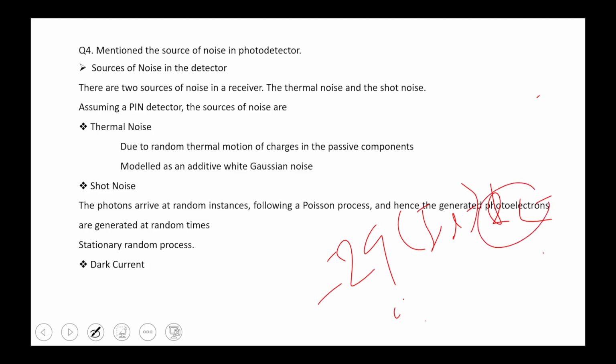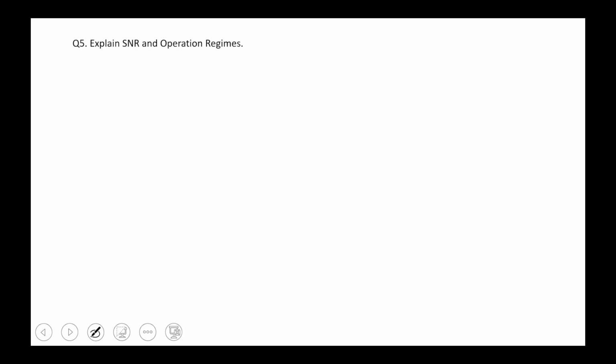So if the load resistance is more, then the shot noise will be more. So how can you minimize that load resistance? It is connected near the reverse bias, external to the circuit, so we can take a lower value of R_L. Okay.